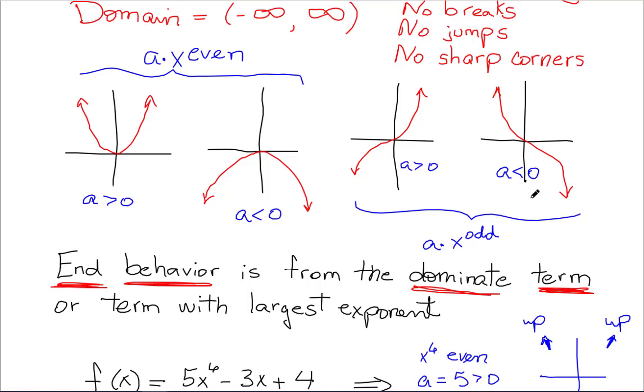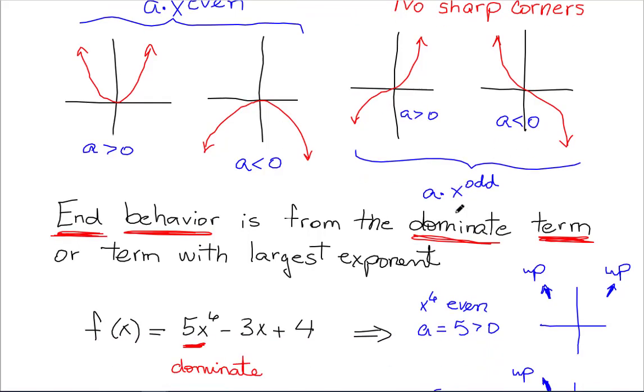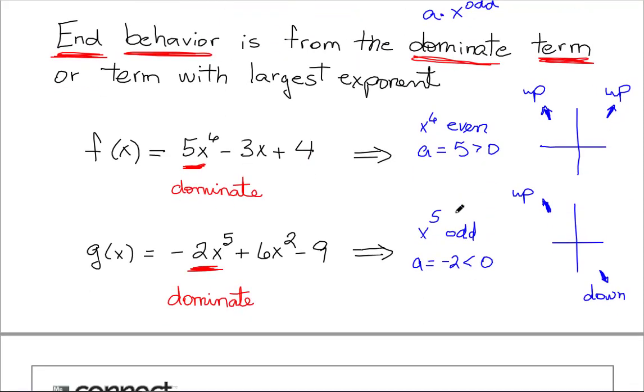So what we're interested in is building on that basic idea. And that is, we want to look at what's called the end behavior of polynomial functions. And by end behavior, I'm looking at the far left and the far right. What happens in those two places?